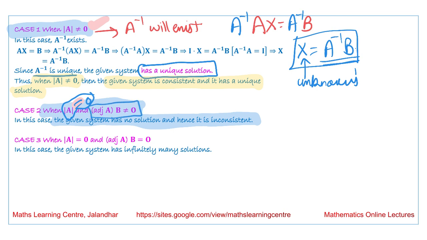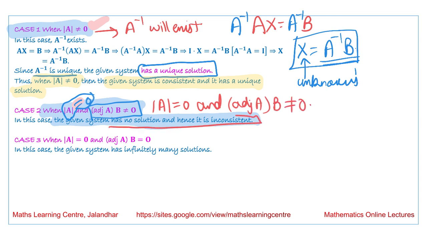I am again writing these conditions over here: determinant of A is equal to 0 and adjoint of A into B is not equal to 0. In this case the given system has no solution, and we know it is called an inconsistent system.